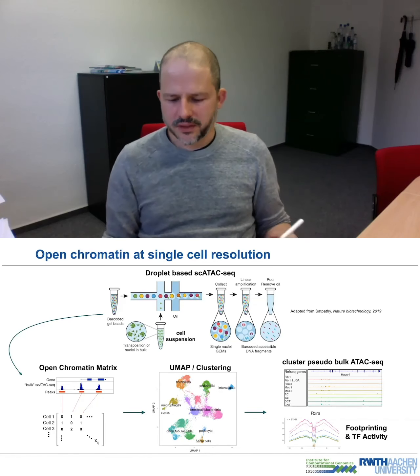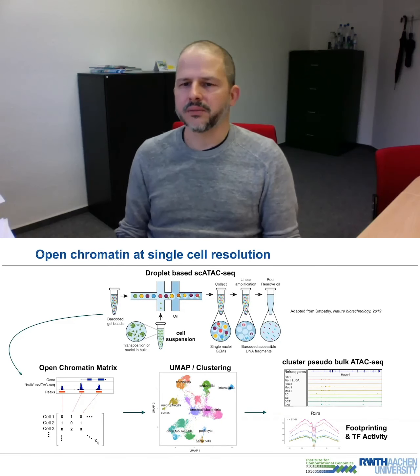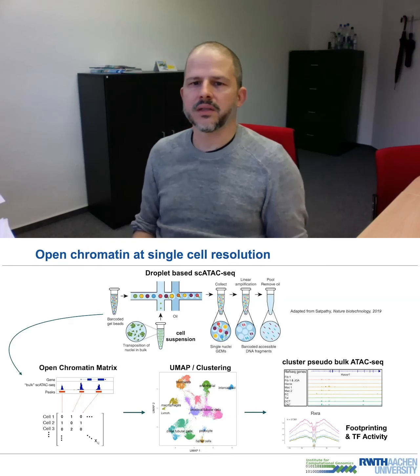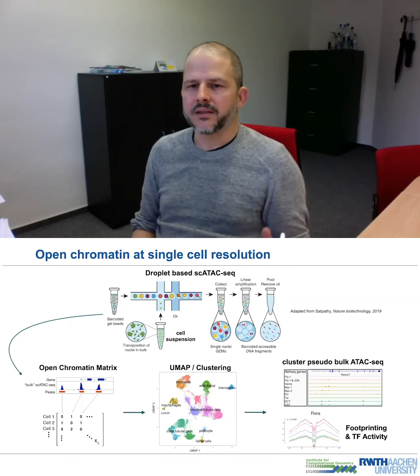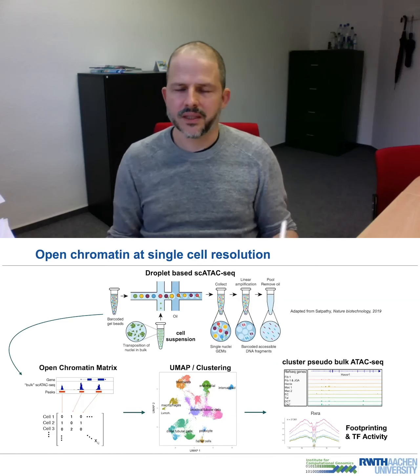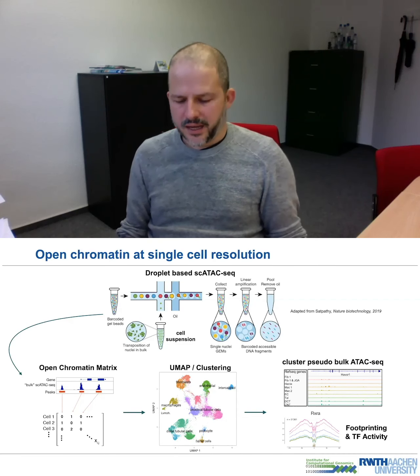And the readout of these experiments are going to be the reads, where we're going to have both the barcodes, which tell us which cells these reads are coming from, and the reads which are associated to the DNA regions, which now are your open chromatin regions.